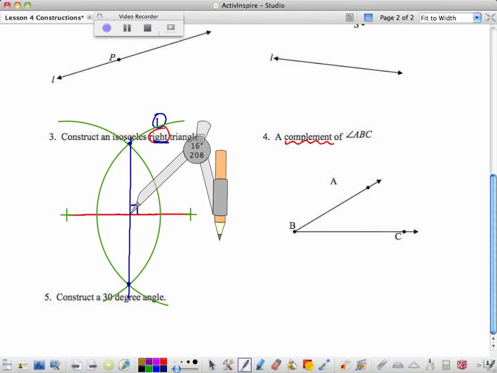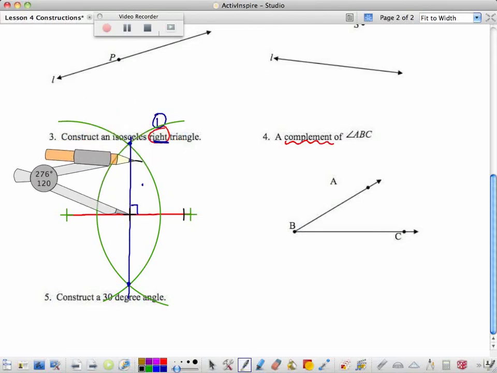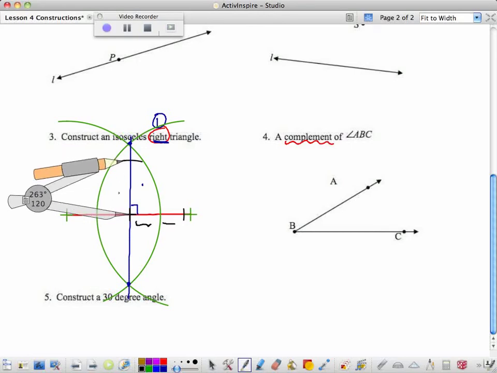If I move my compass, so here we go, I can make it any size I want, but I'm going to put my compass at the intersection where that right angle is. Maybe I close my compass a little bit, and I make an arc down here on the first original segment that I made, and then I scoop it around and make an arc up here. So now what am I saying? I'm saying this distance is the same as this distance.